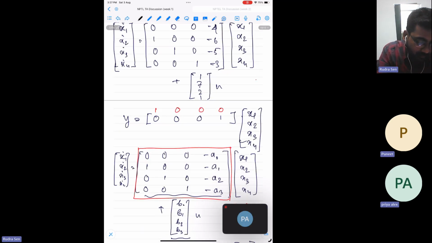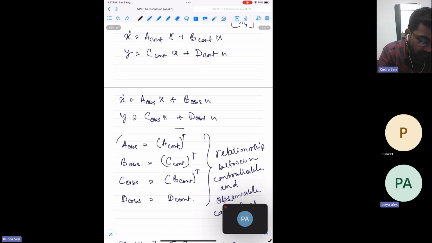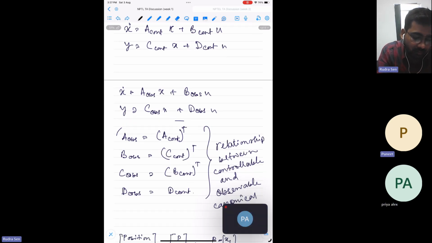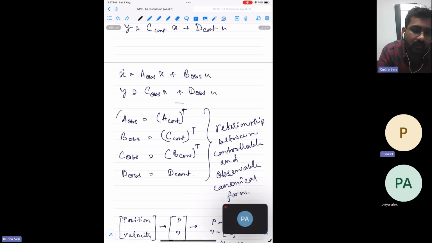B controllable transposes to C observable. So from the controllable we have to transpose the matrix, correct? Yes, this is basically the relationship of controllable and observable form.